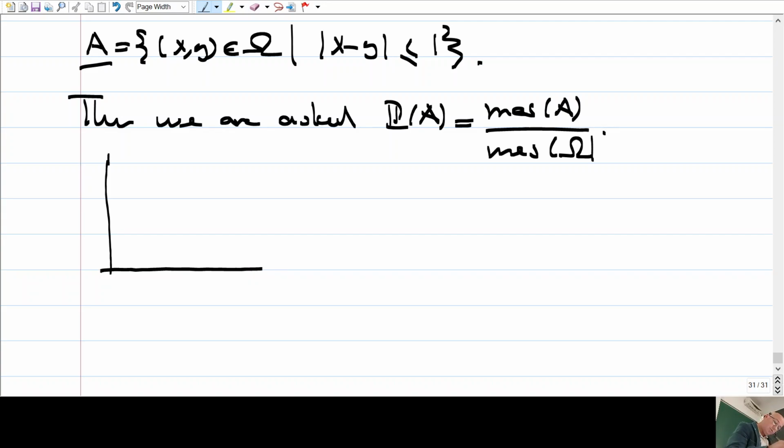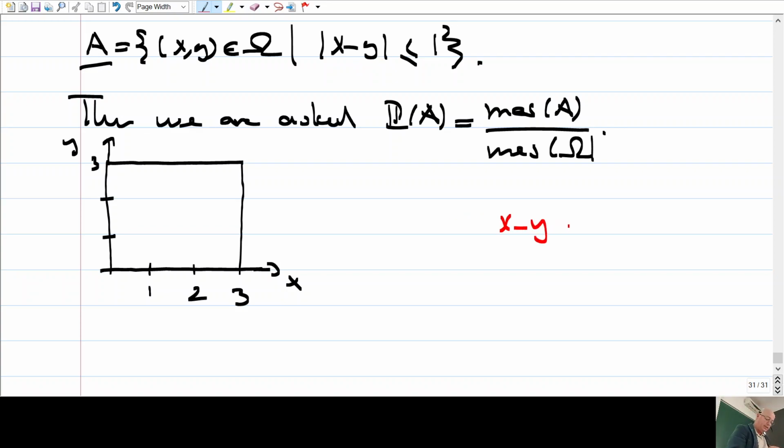First, this is, let's say, the xy plane, and let's say this is 3 by 3, our omega, with 1, 2, 3 on each axis. And the region A is the set of all points where the difference of x and y is less than 1.